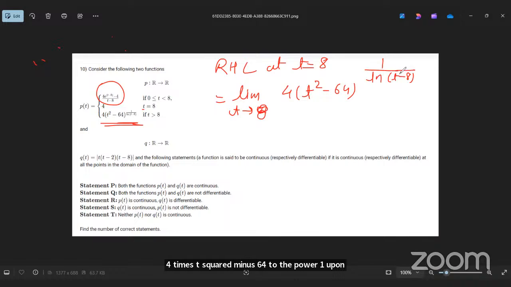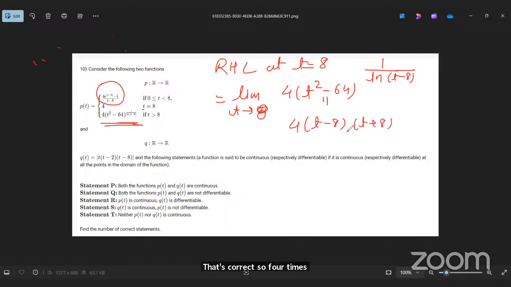Now here I think we have to do some substitution, because t square minus 8 square. Yeah, that's correct. So 4 times (t minus 8)(t plus 8) to the whole power 1 upon ln of (t minus 8). Then what?